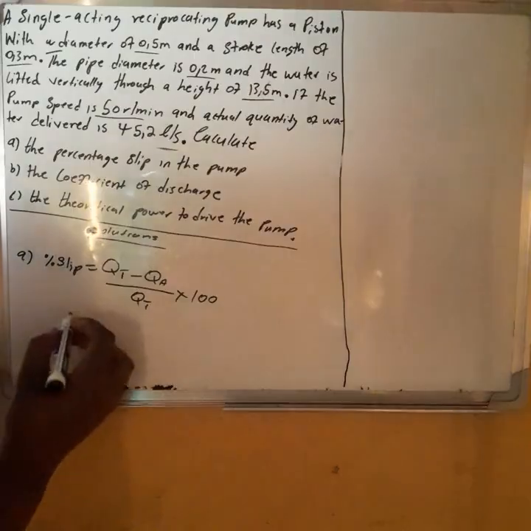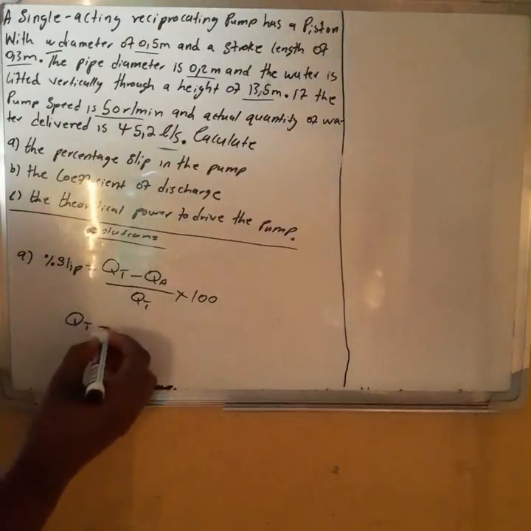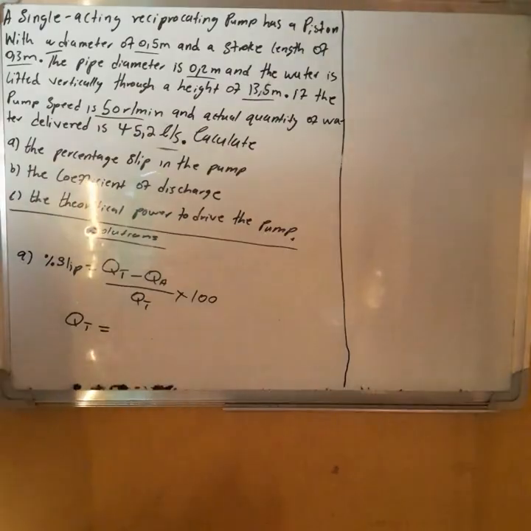The theoretical discharge QT is area multiplied by distance.